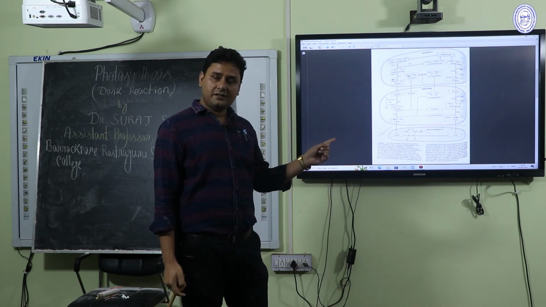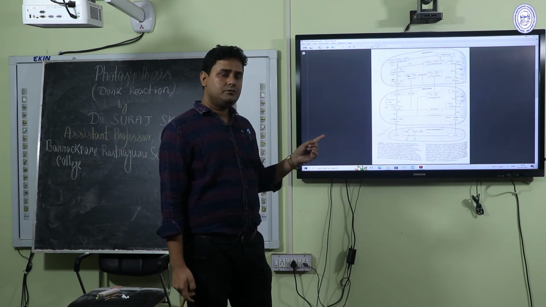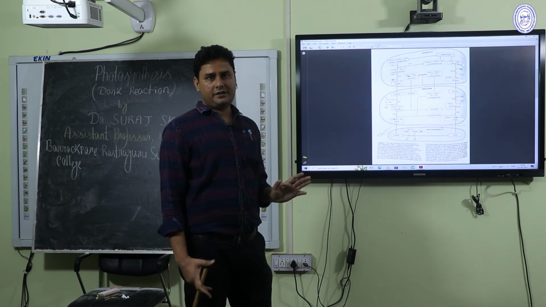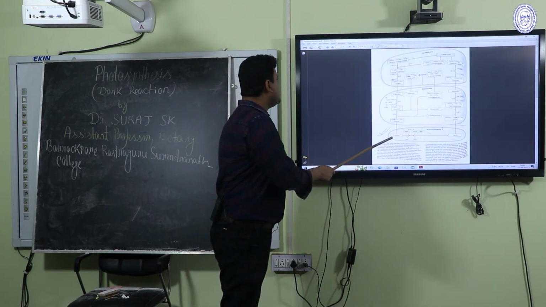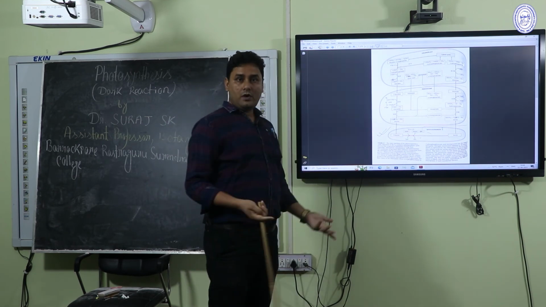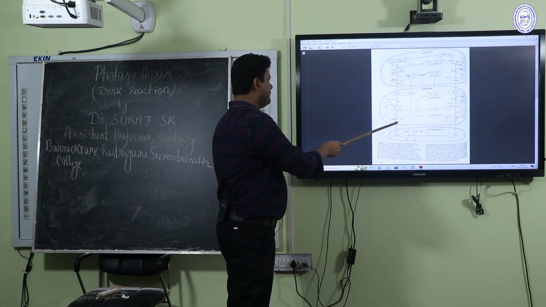In the previous mechanisms, no amino acid is produced, but in photorespiration, one amino acid, glycine, is produced.